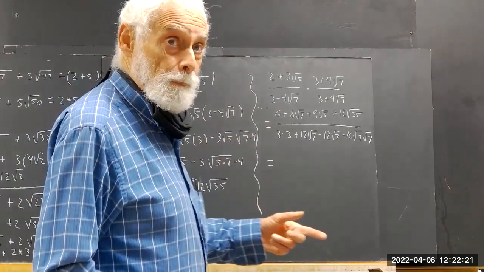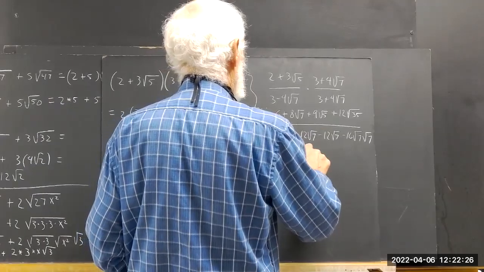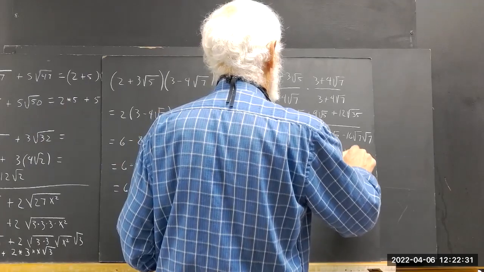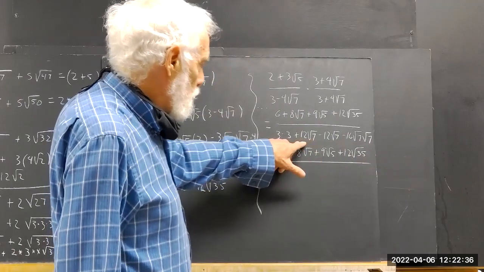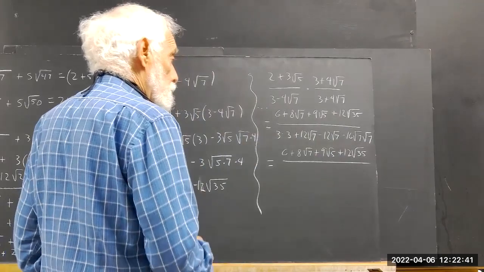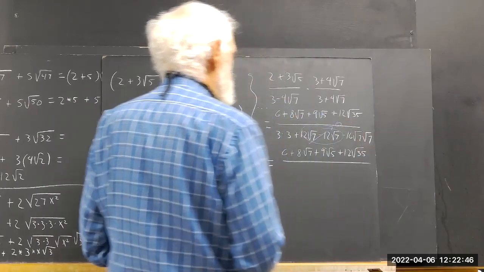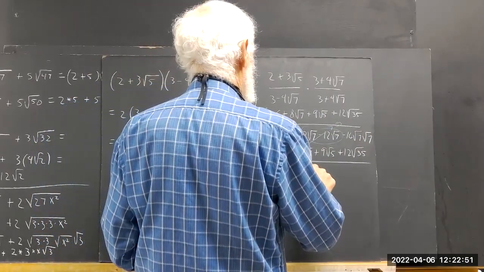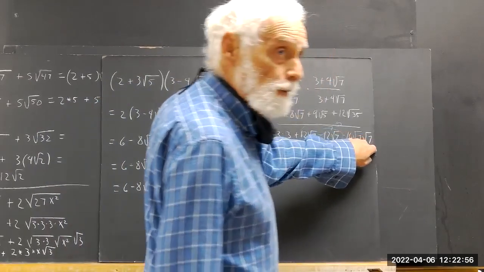Now, what happens here, and this is what's kind of neat, the numerator pretty much stays the same. In the denominator, we got a 12 square root of 7 and a minus 12 square root of 7, which goes together and gives just plain old 0. In the denominator, we're going to have 9 minus, well, 16 times the square root of 7 times the square root of 7.